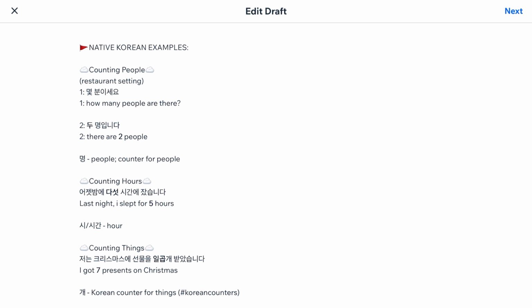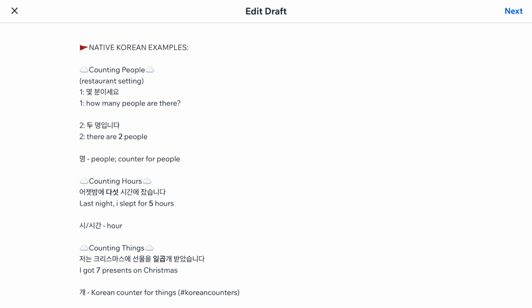But it also is used in questions with a counter word to say how many of that. So 몇 분, how many people? 몇 명, how many people? 분 and 명 are both used for people, but 분 is considered a little more formal. So 두 명입니다. There are 2 people.